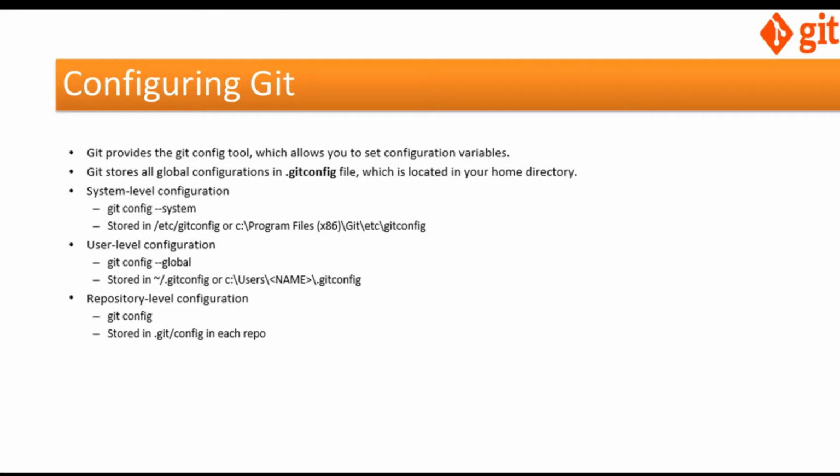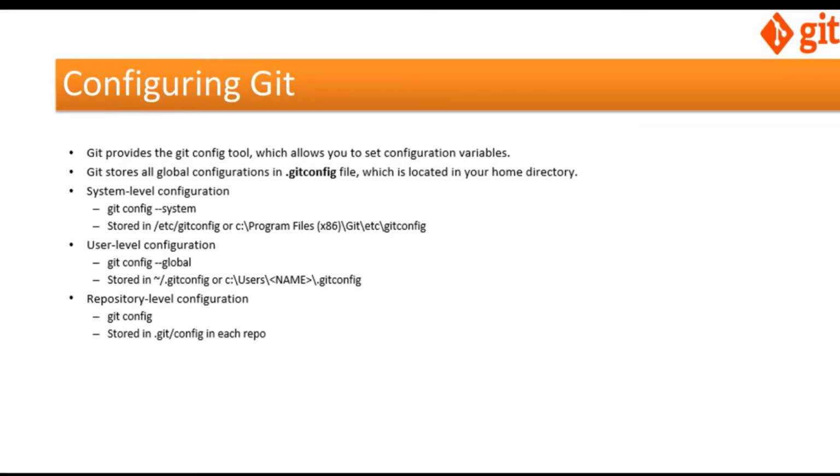Let's talk about the system level configuration. If you do git config --system, it will be stored in /etc/gitconfig if you are using Linux, or if you are using Windows, it will be in C:\Program Files\Git\etc\gitconfig.